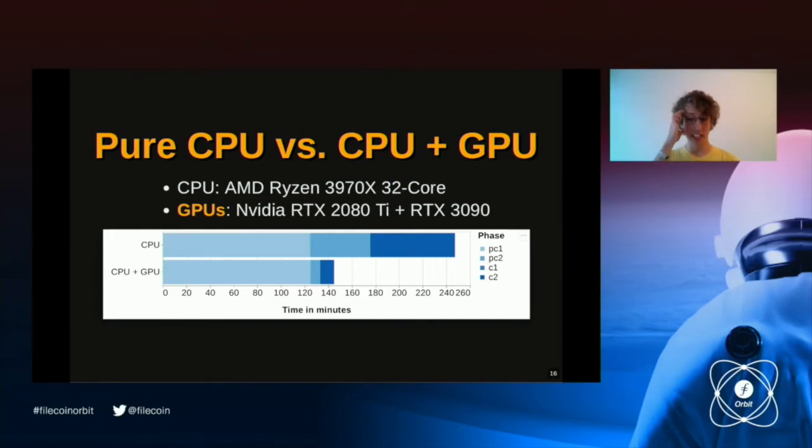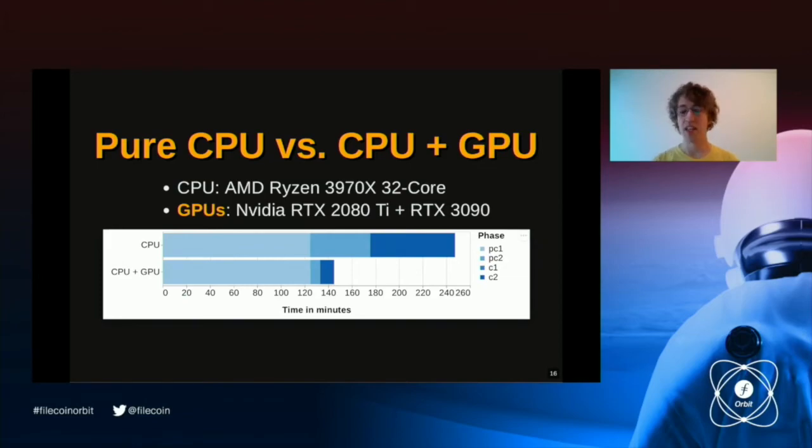What you can see is that pre-commit phase 1, which I named SDR encoding, is the same on both. As I mentioned, it runs on the CPU. It doesn't use a GPU at all. So it totally makes sense that this runtime is the same, and it takes a lot of time, about 2 hours.